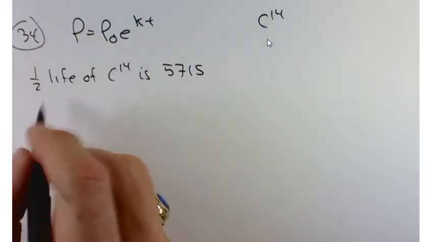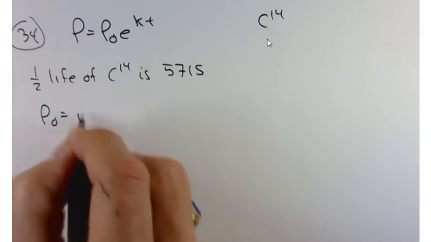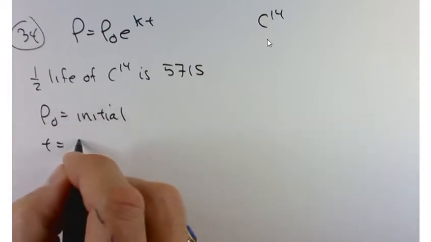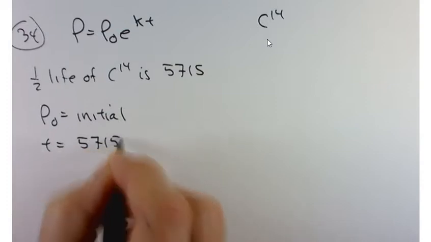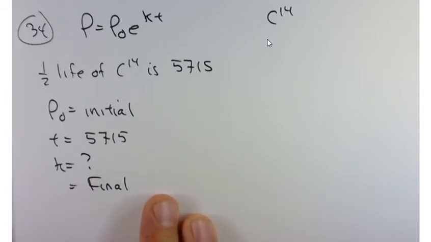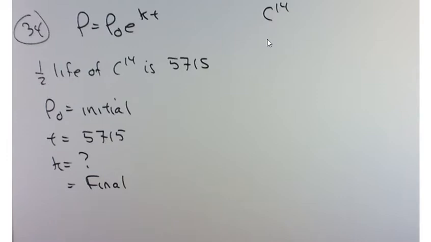Our initial amount is P sub 0. The time is 5,715. k we don't know, but we do know, at least somewhat, the final amount. Let's think about it.